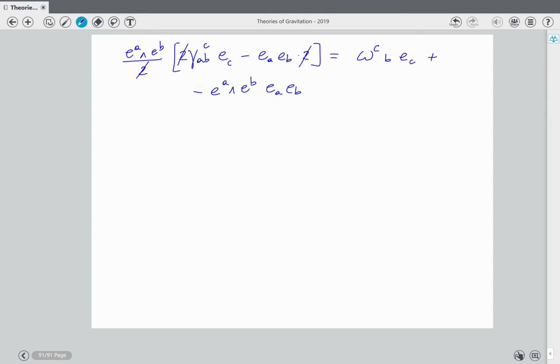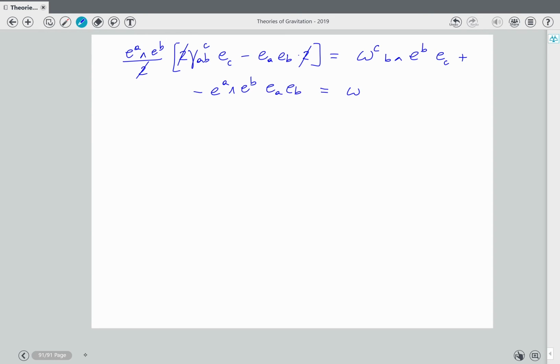So the first part we will leave like that. There is a wedge EB. Yes, wedge EB. And EB remains to the right, EC.